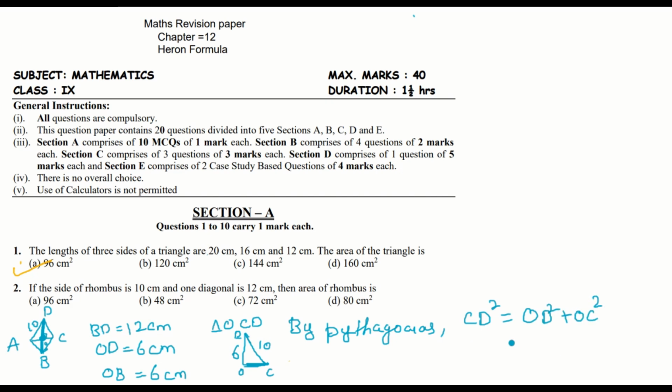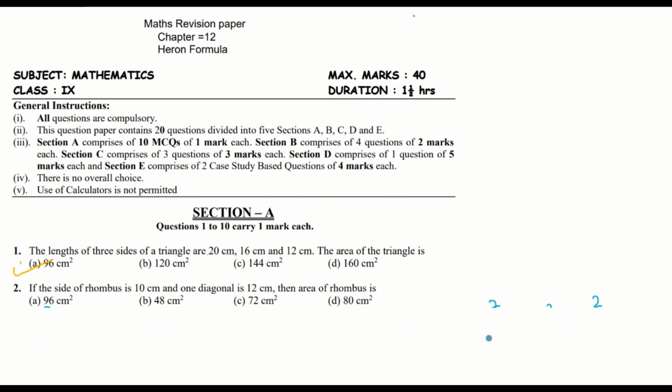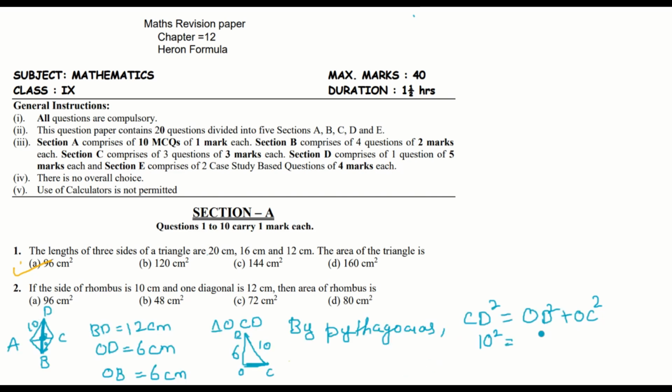So CD square, which is one of the sides of the rhombus, is 10, equals OD square, 6 square, that is half of the given diagonal, plus OC square, which is the measurement we are going to find. So 10 square is 100, and let's move the 6 square to the other side. 6 square is 36. When we move it to the other side, it's minus 36, and 100 minus 36 is 64.